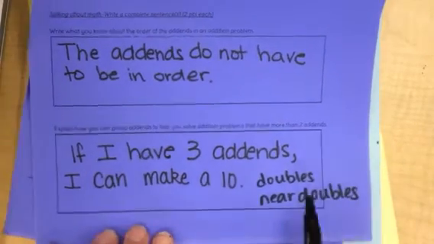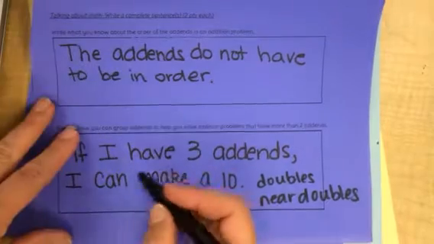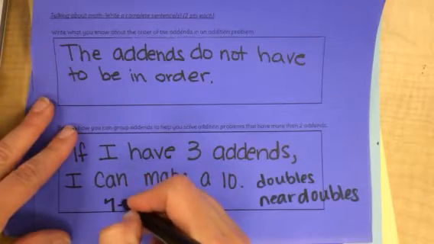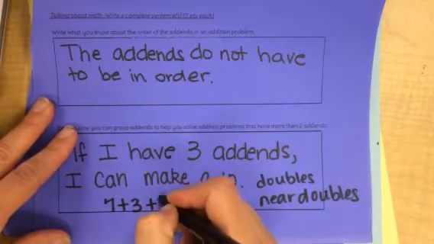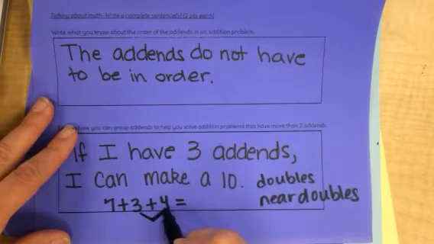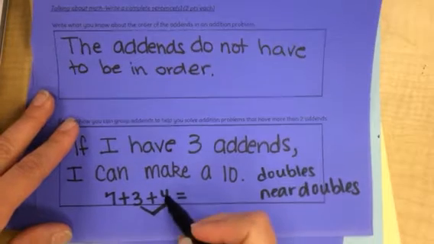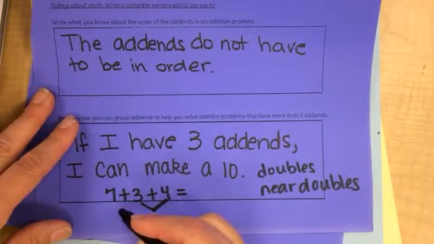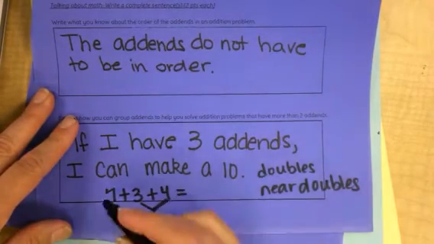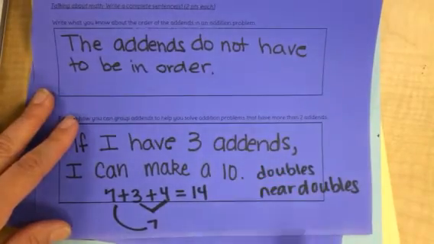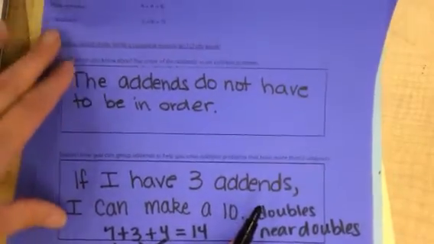There's many ideas on how you can group add-ins, but the example that we did in class today was a problem like 7 plus 3 plus 4. Well, we know 3 plus 4 is a near double because 3 plus 3 is 6, plus 1 is 7, and then 7 plus 7, oh, look at that, that's a double. 7 plus 7 is 14. So those were the kind of examples today that we talked about.